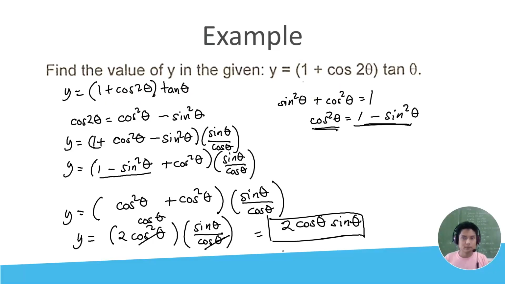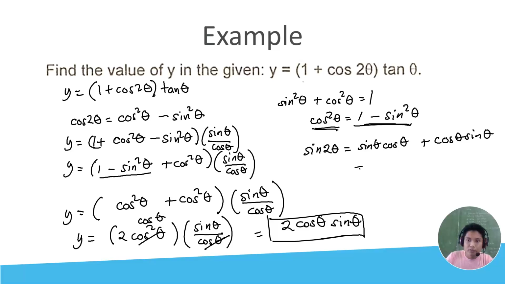Next. Sorry. But before we proceed to the next problem, 2 cosine theta sine theta, is there an equivalent trigonometric identity for this value, 2 cosine theta sine theta? For a double angle for sine, right? If we recall that, its equivalent is sine theta cosine theta plus cosine theta sine theta, or they are like terms, 2 sine theta cosine theta.